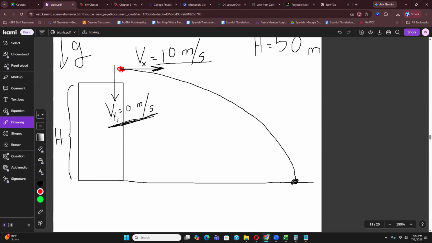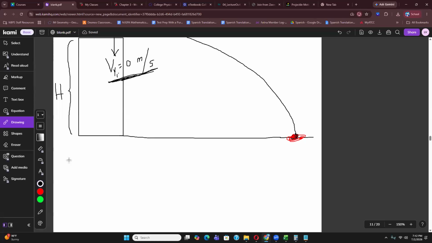So I have the height. I have the initial vertical velocity, and I know gravity. Can I find the time? So let's ask a question here. And again, we're reviewing right now. So it should be a review. So how will you find the time?